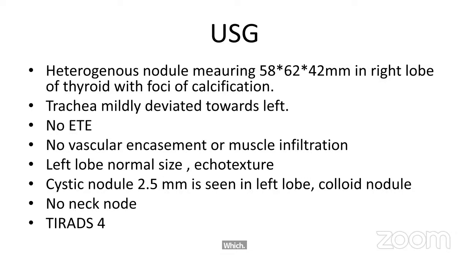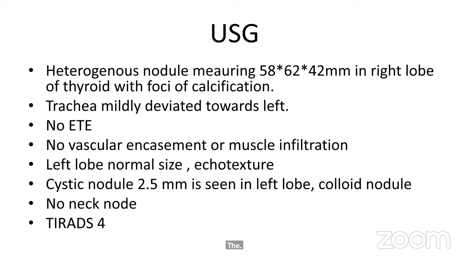What is the inherent problem of the TIRADS score? Inherent problem, pardon? No, what is the inherent problem of the TIRADS score? Thyroid TIRADS. So it falls somewhere between the very highest category and low category.